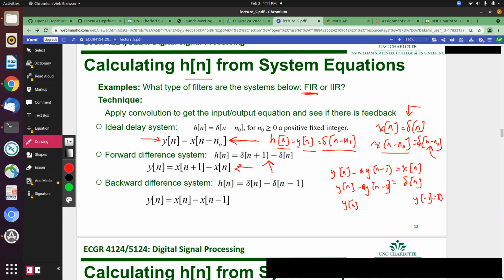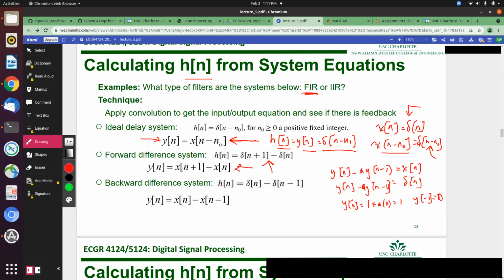Y of 0 is equal to delta of 0, which is 1, plus a times y of n minus 1. So y of n minus 1 is y of minus 1, right? That's actually 0. So it's a times 0. So it ends up being 1 plus a times 0, which is equal to 1.